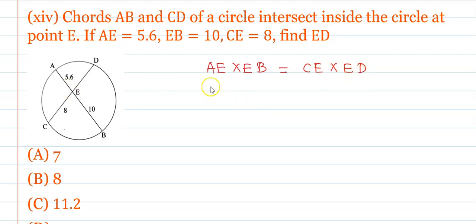Now substitute the values. What is the value of AE? It is 5.6. EB is 10. What is the value of CE? 8. ED is what we want. 5.6 into 10 is 56. 8 is multiplied, so it will be divided on this side.